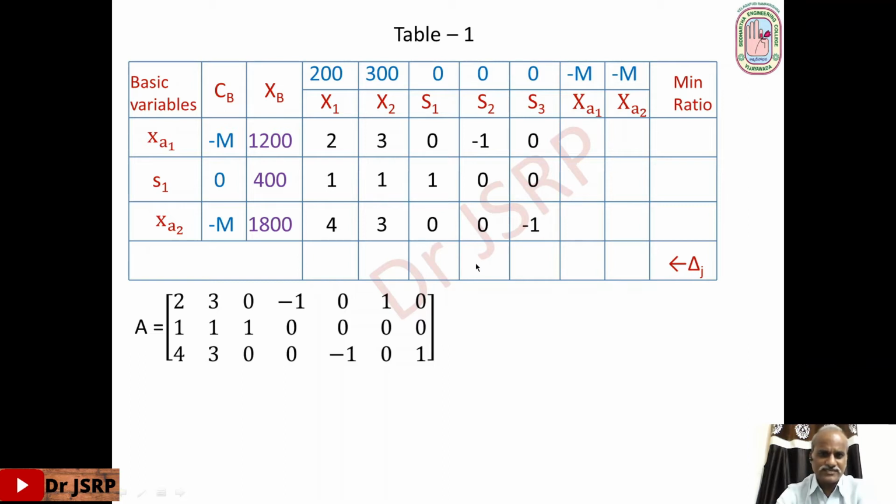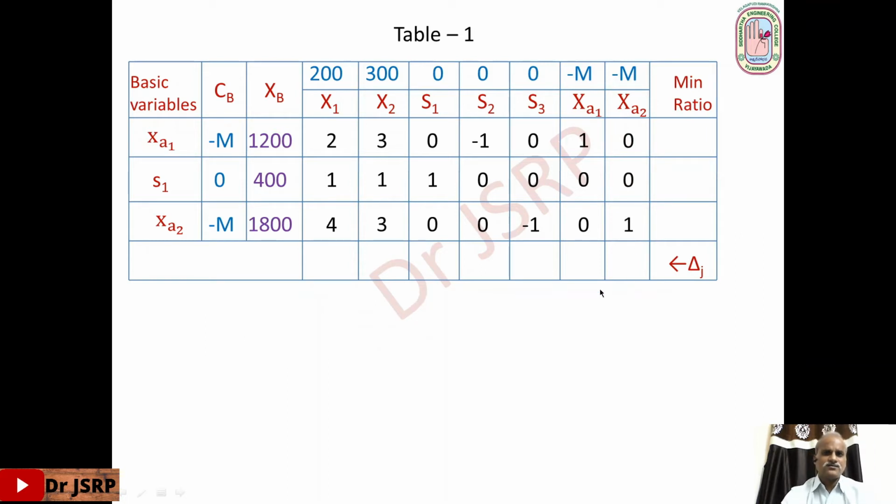Next XA1 column 1, 0, 0. XA2 column 0, 0, 1. Okay. So this is the tabular formulation. Now find scalars, that is delta J values. For first variable x1, delta 1 is CB into x1 minus C1.